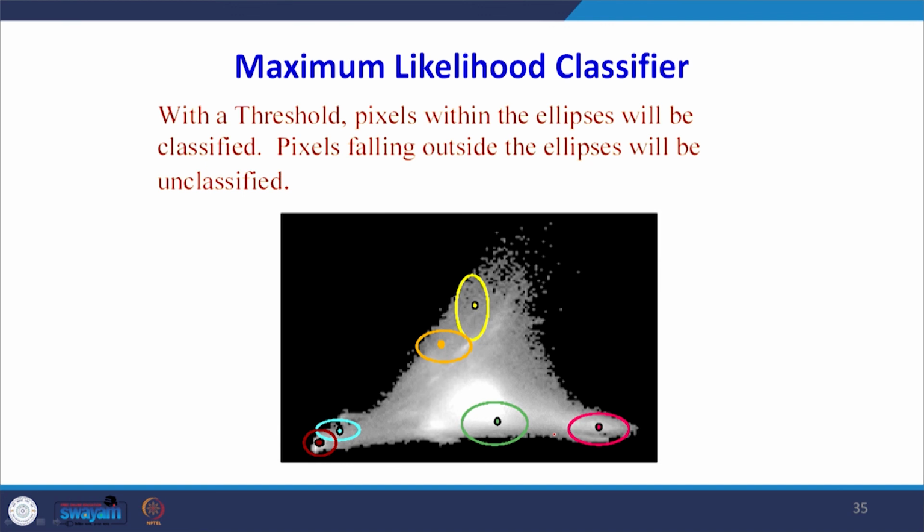Normally not more than 3 thresholds are selected. The pixels within the ellipse will be classified, and those which fall outside the ellipse will not be classified. In that case one has to change the approach or do the iteration again.